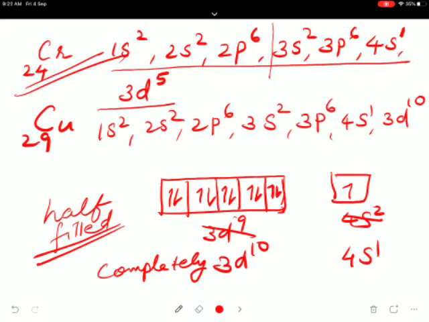If you take half of the house, the other half will be the mirror image of the previous half. That is symmetrical, and such buildings are very stable. So half filled is symmetric, and completely filled is again symmetric. That gives extra stability. We will be learning the extra stability of half filled and completely filled afterwards.